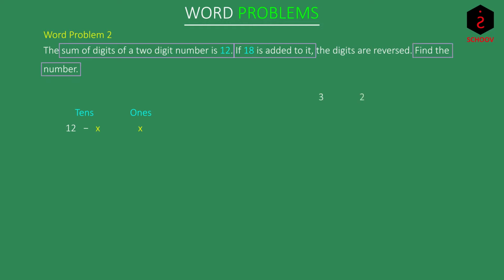Take 32 for example. 2 is ones and 3 is tens. So it can be written as 3 into 10 plus 2 into 1. Similarly, this number can be written as 12 minus x into 10 plus x into 1. It says if 18 is added, the digits are reversed.